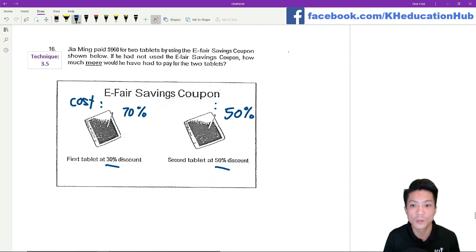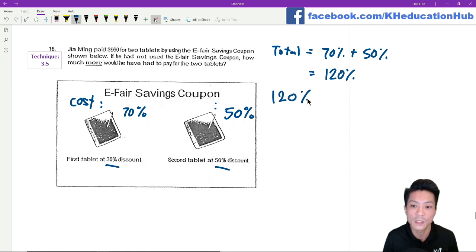But in this case, I'm going to use percentage, which means that the total cost is 70% plus 50%. It is going to give me 120%. Okay, 120% is equal to $960.